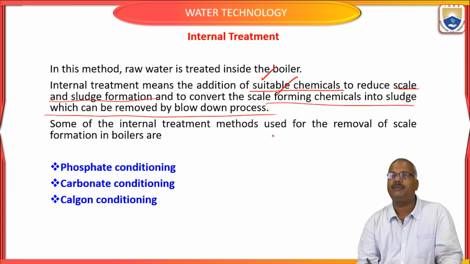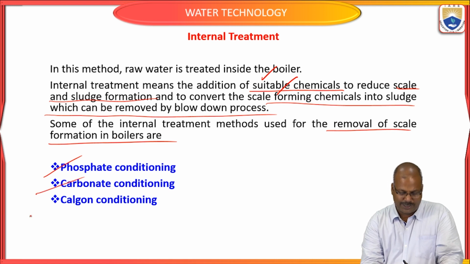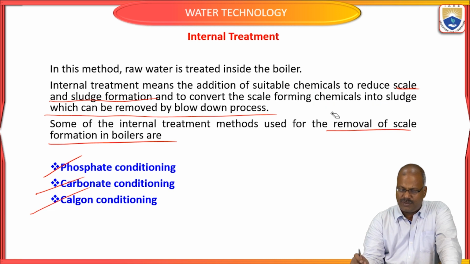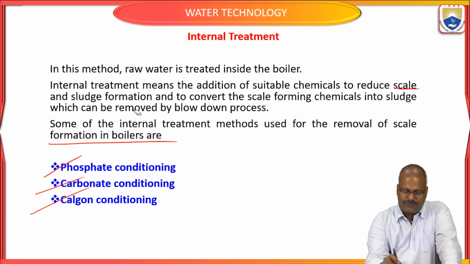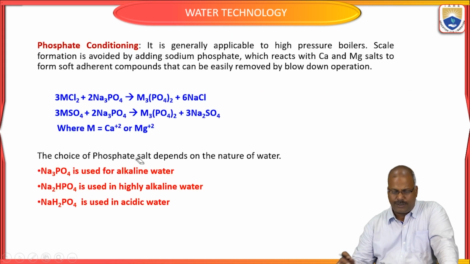Some of the internal treatment methods used for the removal of scale formation in boilers are phosphate conditioning, carbonate conditioning, and calgon conditioning. We will see these different types of conditioning.